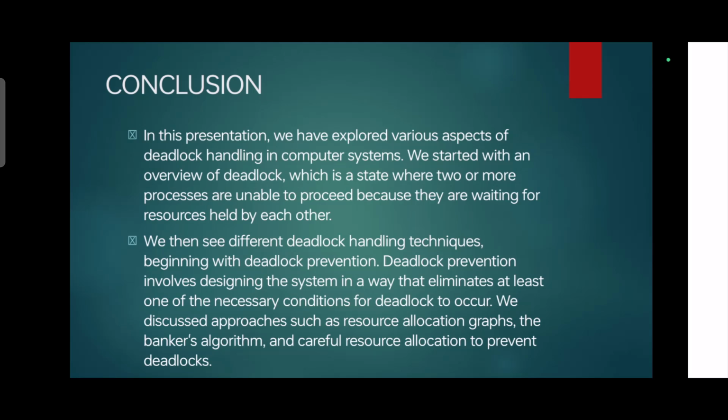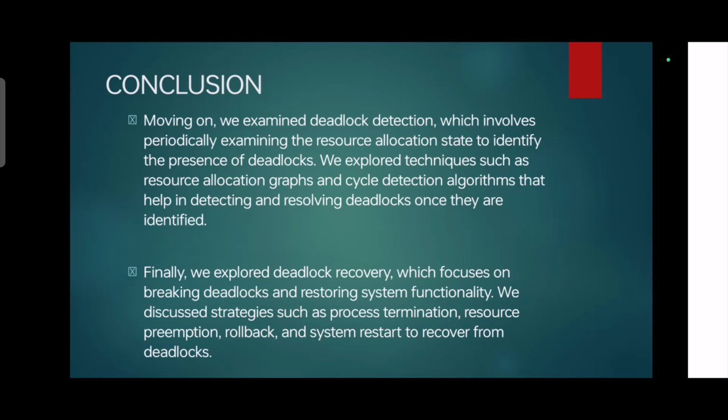We discussed approaches such as resource allocation graph, the banker's algorithm, and careful resource allocation to prevent deadlocks. Moving on, we examined deadlock detection, which involves periodically examining the resource allocation state to identify the presence of deadlocks.